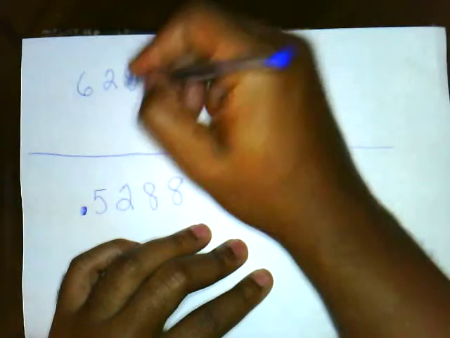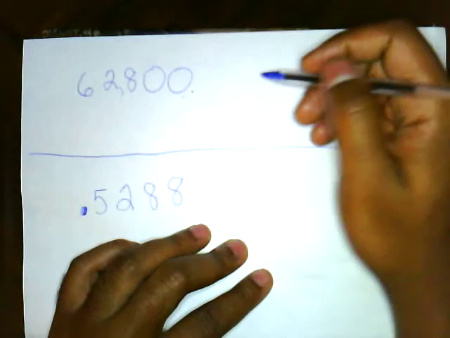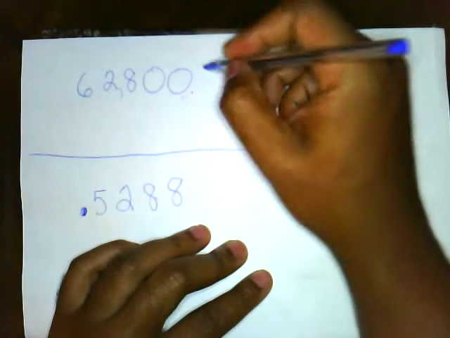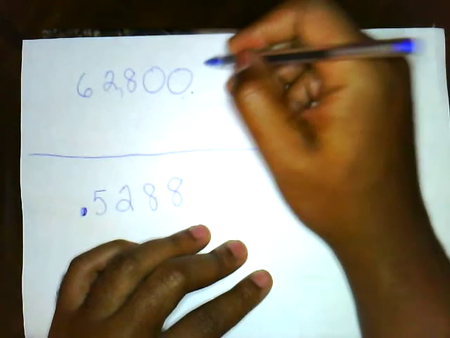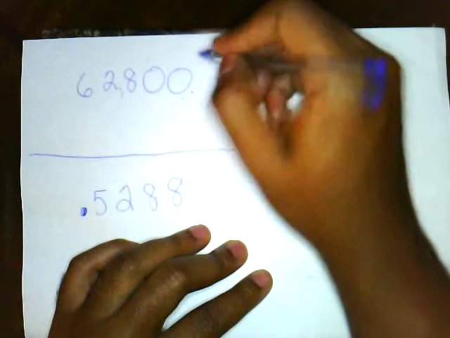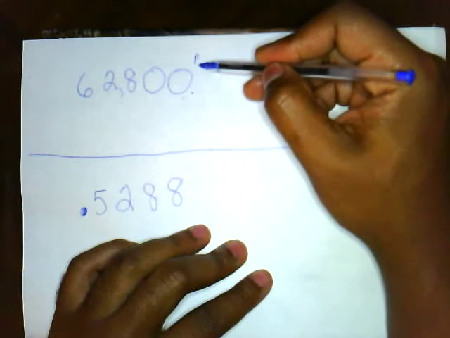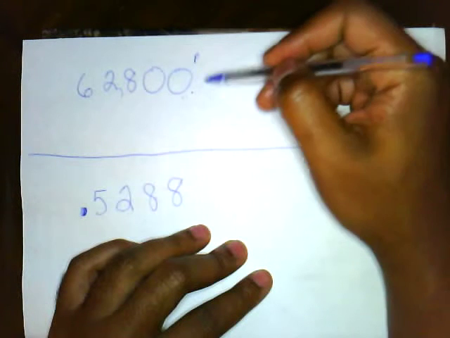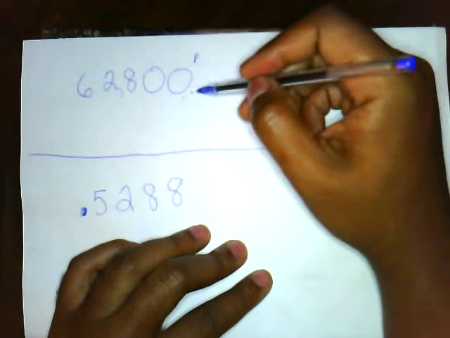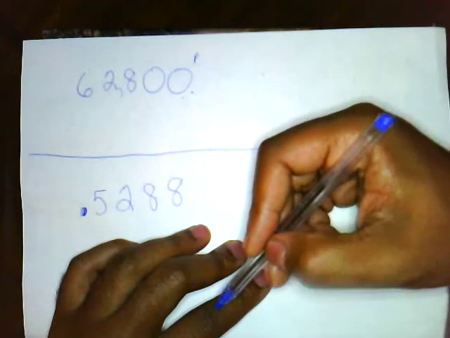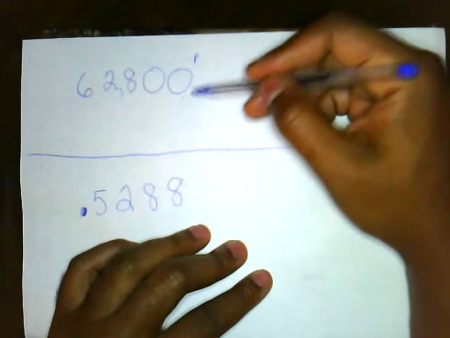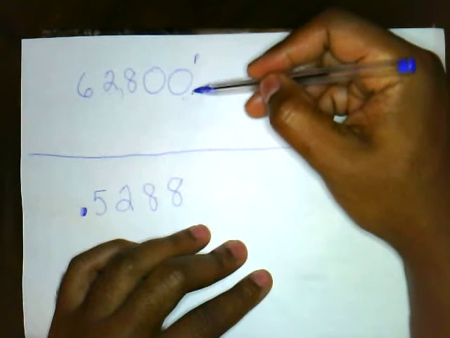This reads as 62,800. So if it's above 1, the exponent is automatically going to be positive. So we're going to put a little p up here just to indicate that our exponent is going to be positive. Now, where does our decimal start? Well, our decimal automatically starts right here at the end of 62,800.